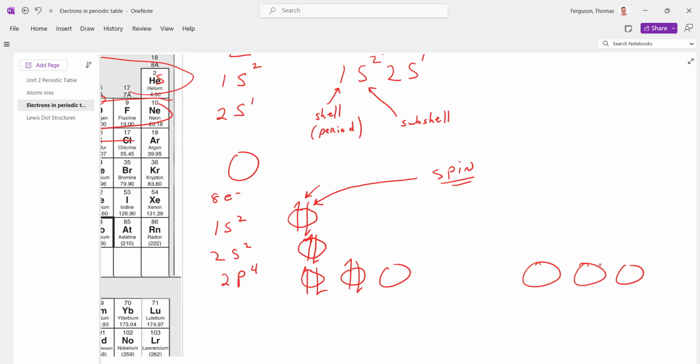The other possibility is to fill all the orbitals with 1 electron first, and for the 4th one, we pair it up then. Guess which one's more stable?